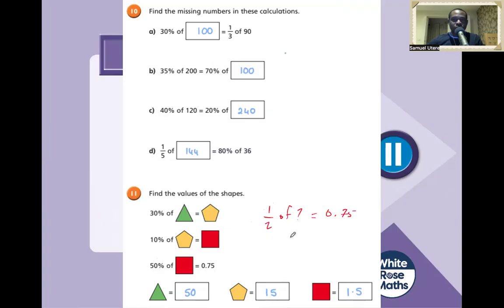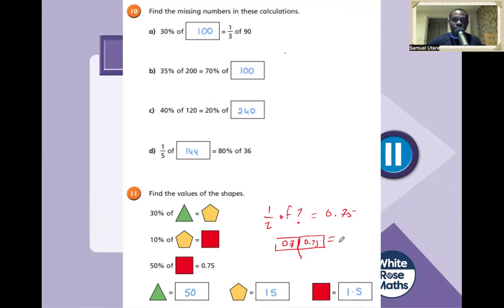If I draw this, remember the denominator always tells us how many there are. So if one lot out of the two is 0.75, it means this is 0.75 and this is 0.75.